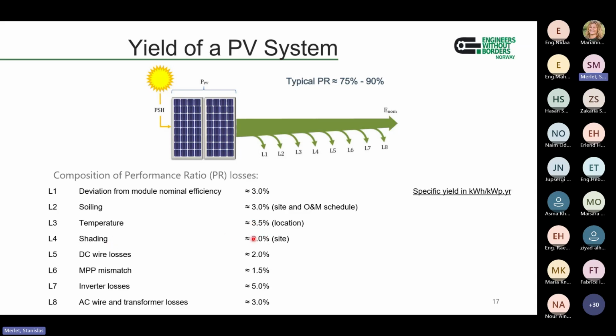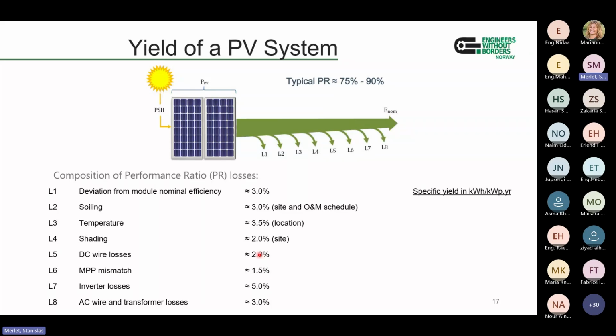You might have some shading, and then you will have the different electrical losses. So the DC wiring losses, so the DC cables are what's in between the modules and the inverters. You will have what we call the MPP mismatch that also Michel explained on Monday, the maximum power point mismatch, because your different modules and different strings will be at different power, but the lowest current will be the one setting the current for the whole string.